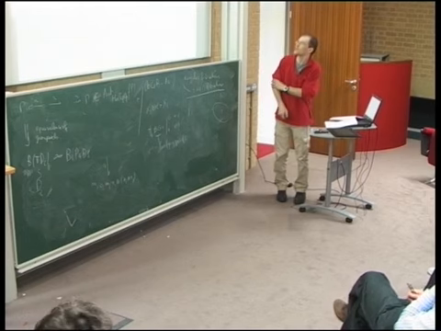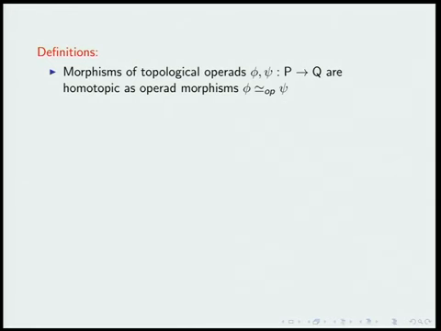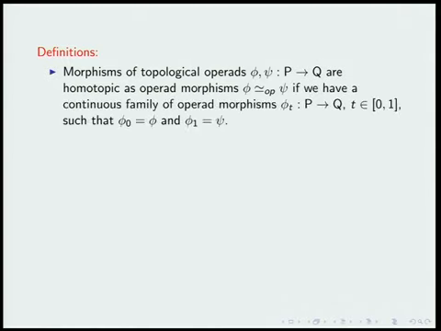I start with two morphisms of topological operads, phi and psi, from P to Q. I say that these morphisms are homotopic as operad morphisms if I can go from phi to psi by a continuous path of operad morphisms. So each phi_t is supposed to be an operad morphism from P to Q, and the family of these phi_t is supposed to form a continuous family.